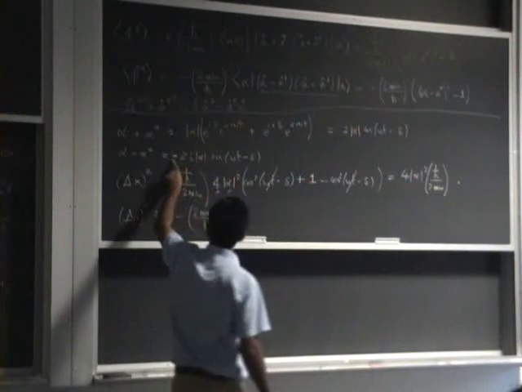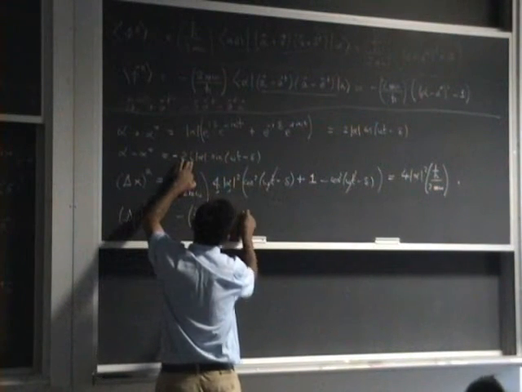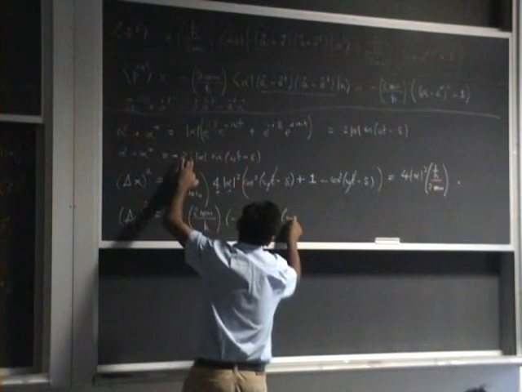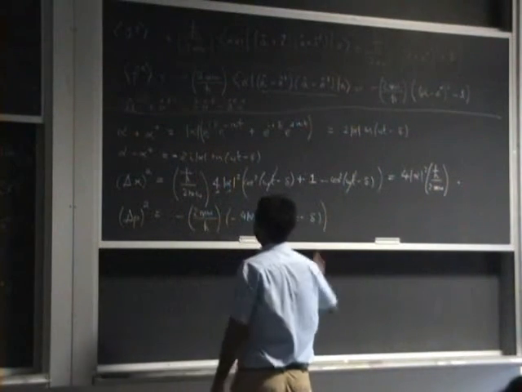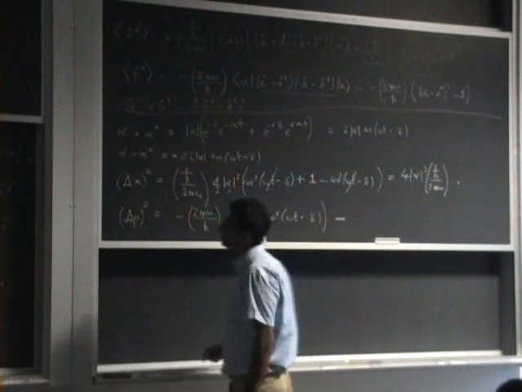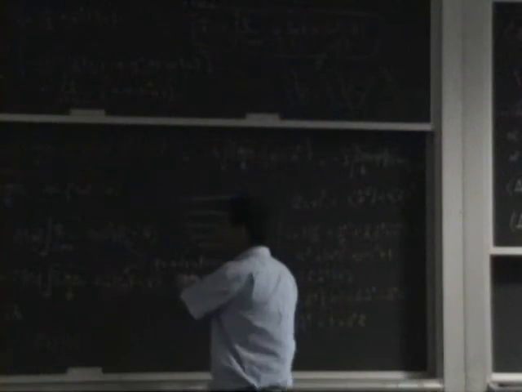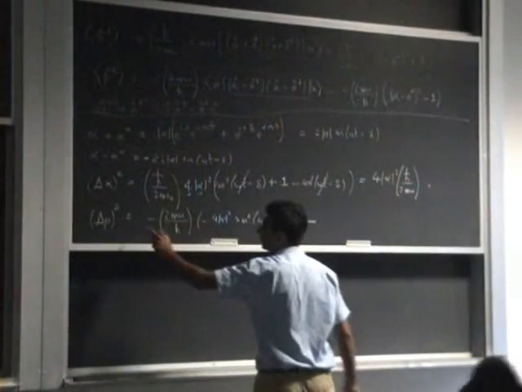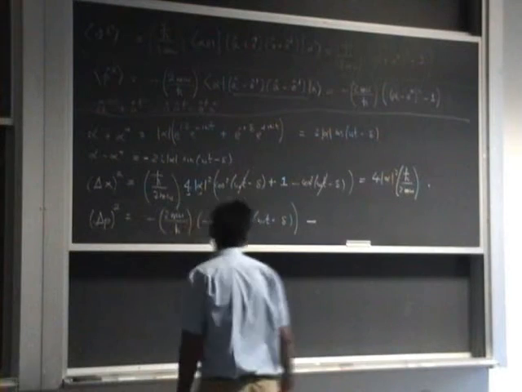The square of this is 4 i squared, which is minus 4 alpha mod square sine square omega t minus delta. And from this, I have to subtract the square of the expectation value. The square of this is plus 4. This minus comes from the similar minus to this one.